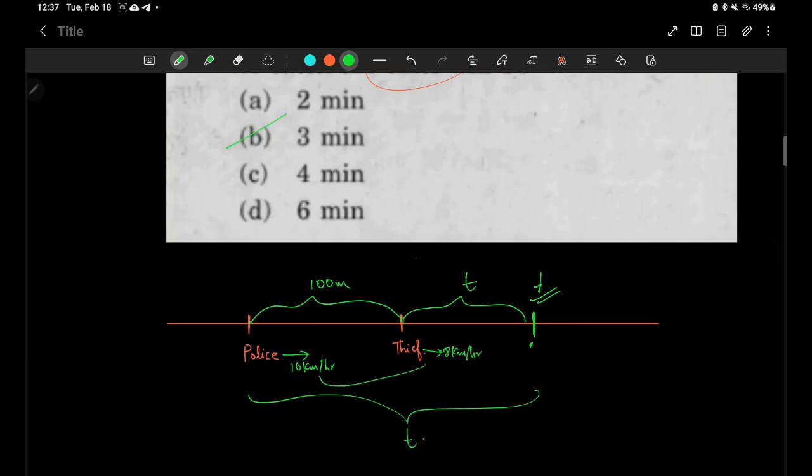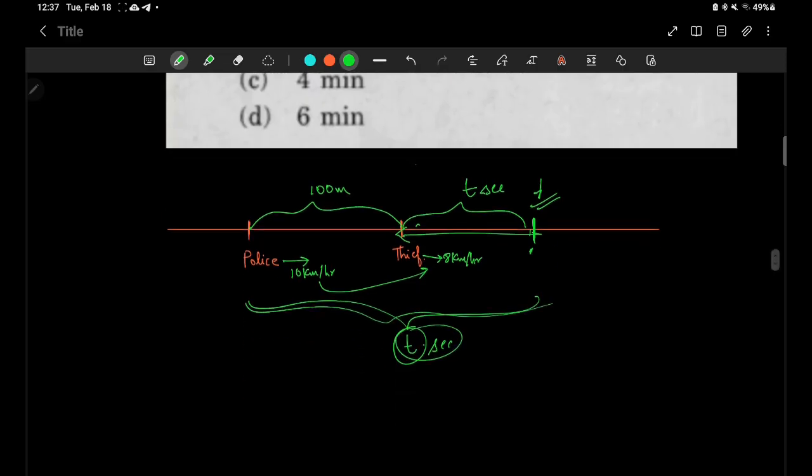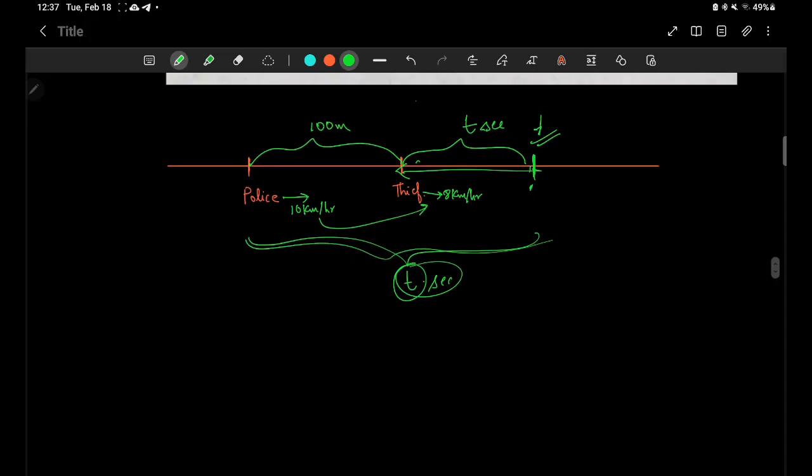So obviously the policeman will overtake the thief at some point of time. That point of time is after t seconds, let's say. Thief will travel this much distance in t seconds and policeman will travel this much distance in t seconds. Let's just keep it here for now.